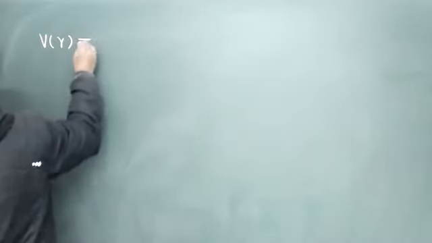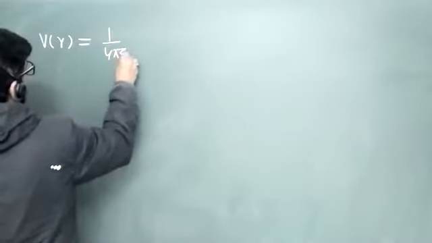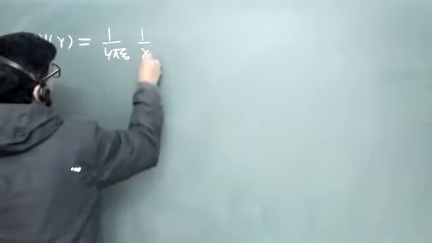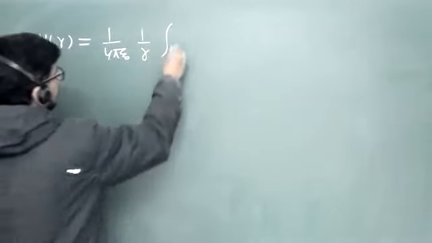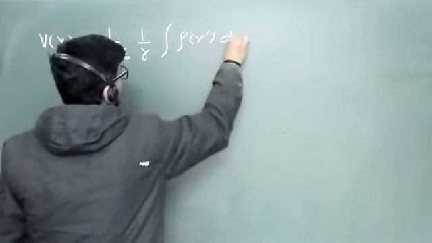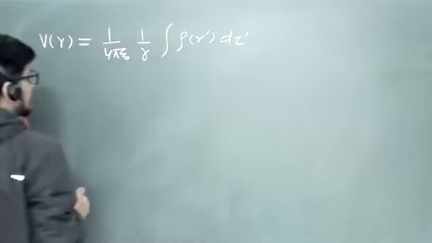Everyone, look in your copy. Tell me, V of r is equal to the first term, 1 by 4 pi epsilon naught, 1 by r, integral rho of r dash d tau dash, right?